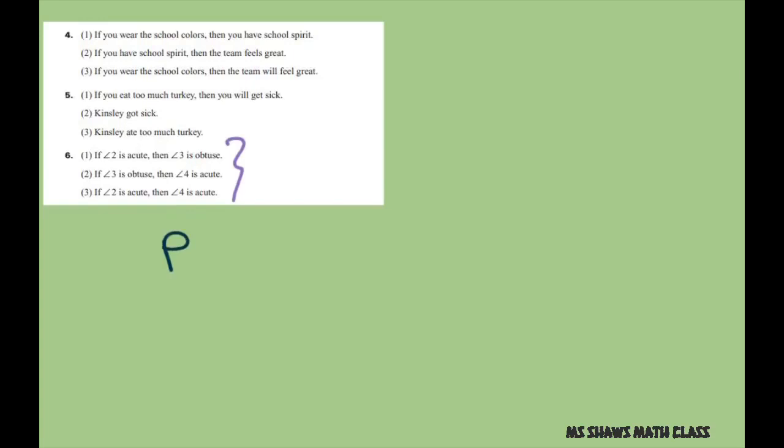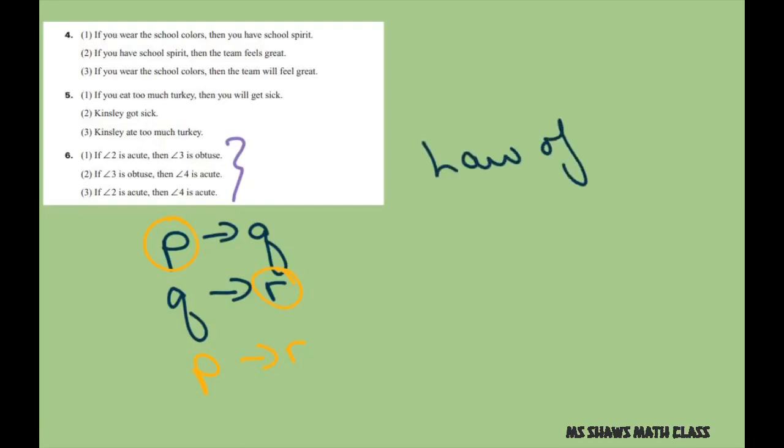So if P, then Q. If angle 3 is obtuse, so if Q, then angle 4 is acute, so that's R. So now it's going back to if P, then R, and that's the law of syllogism, because it follows this format, and these two are the same.